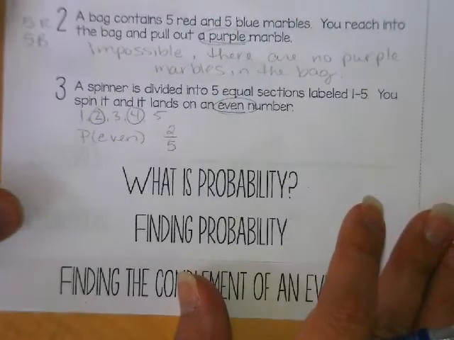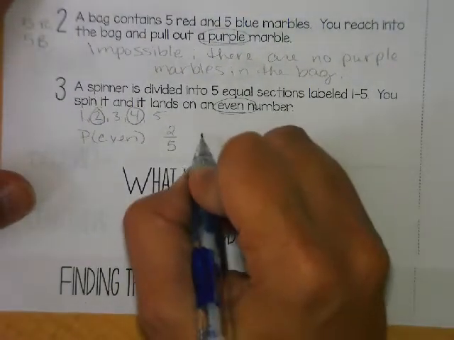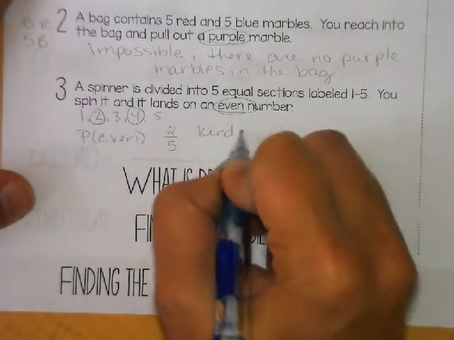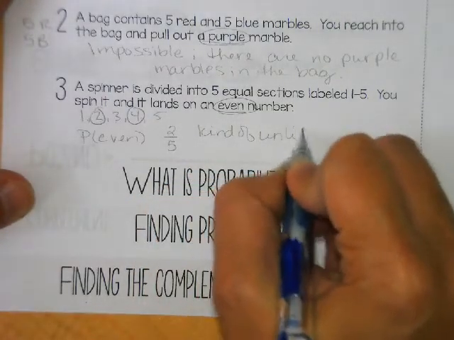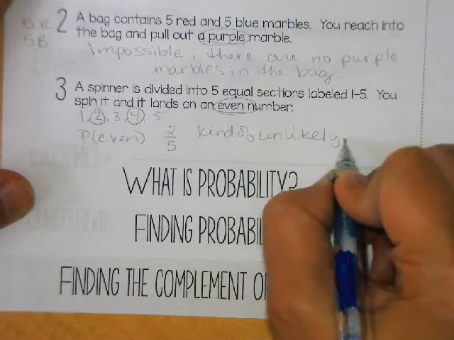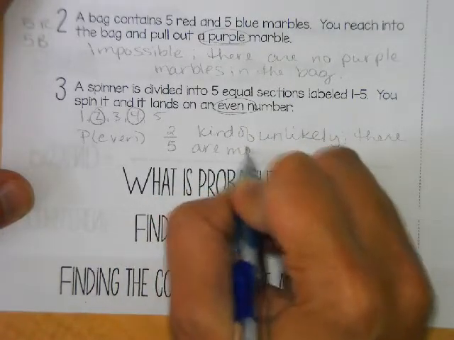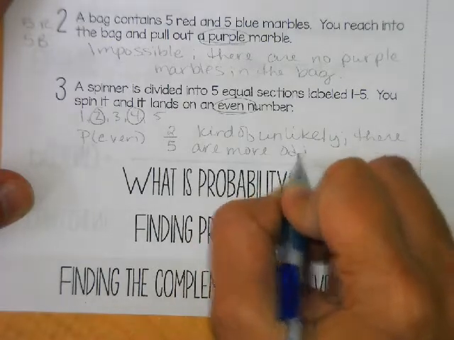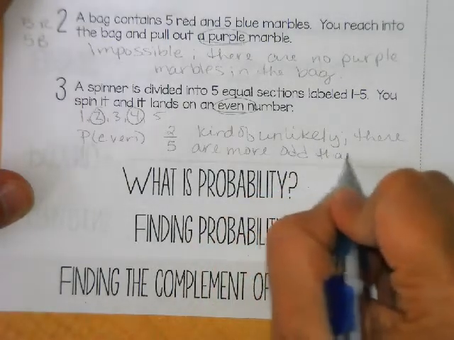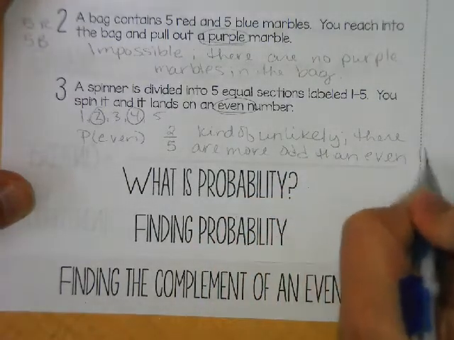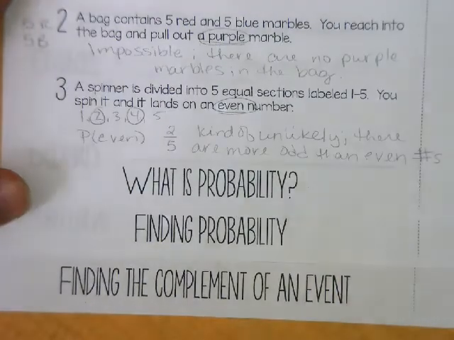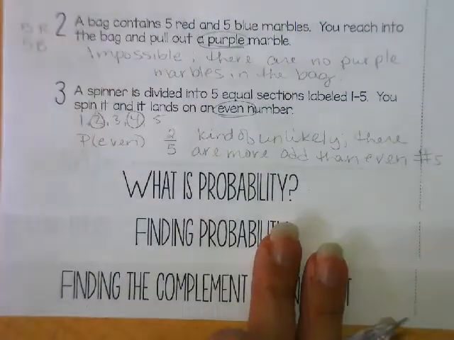So we could say it's not as likely as not, but it's kind of unlikely, right? And the reason is there are more odd numbers than even numbers. Okay? So those are some examples of probability.